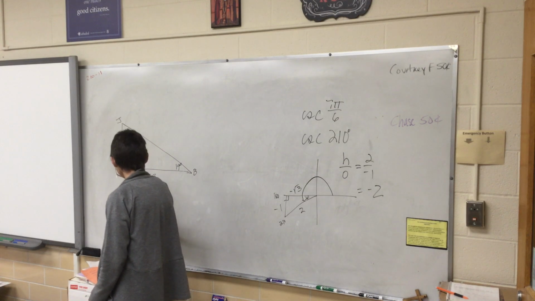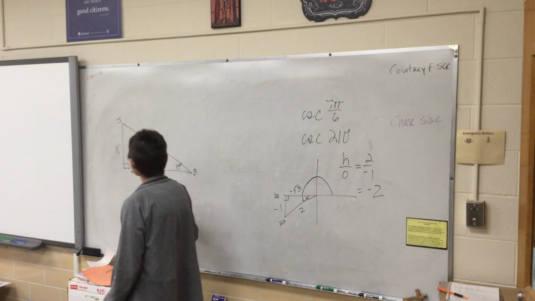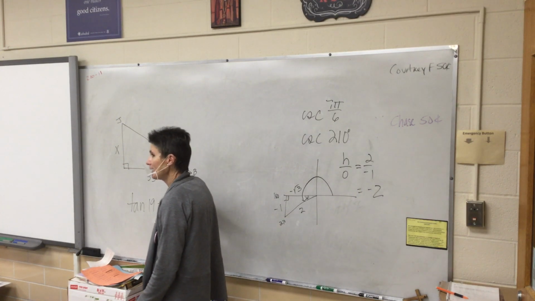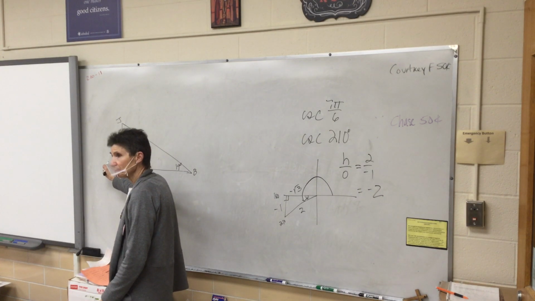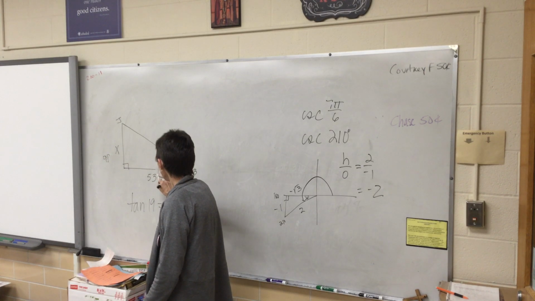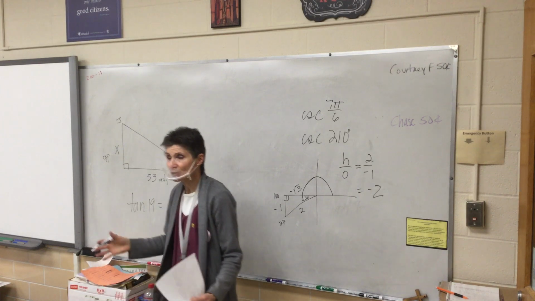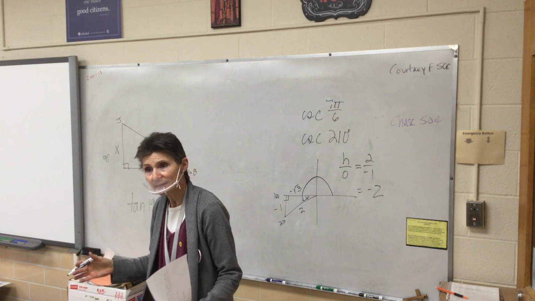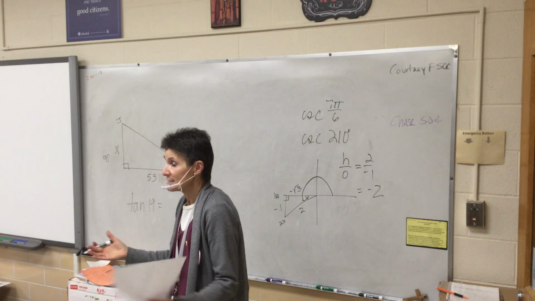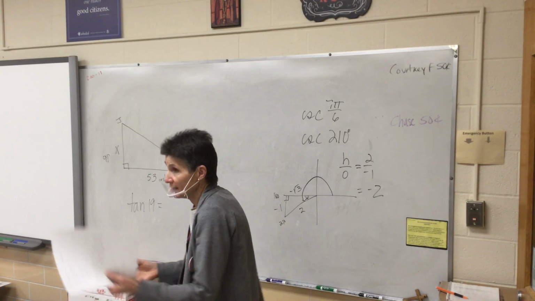You guys, it's really simple. You just look at the sides that you have. Here's your angle. Which side is this? Opposite. Which side is this? SOHCAHTOA. What function uses opposite and adjacent? Tangent. That's how you know. The sides are going to tell you which one it is.